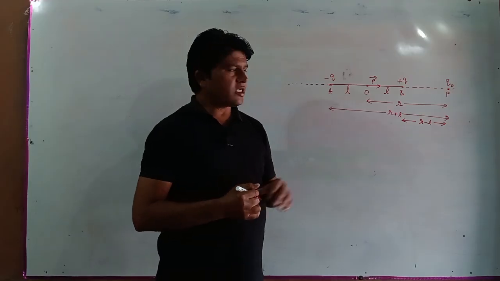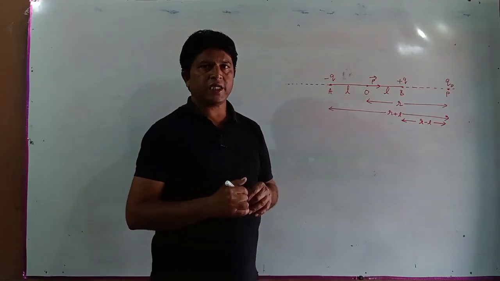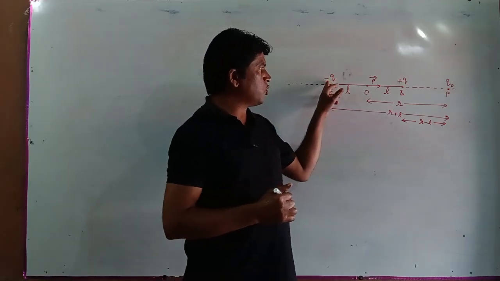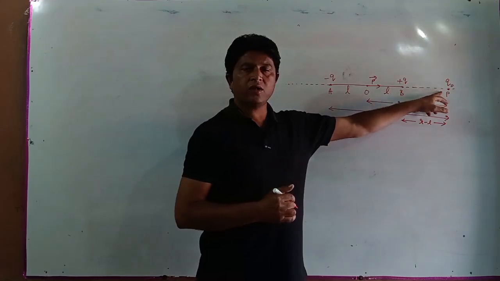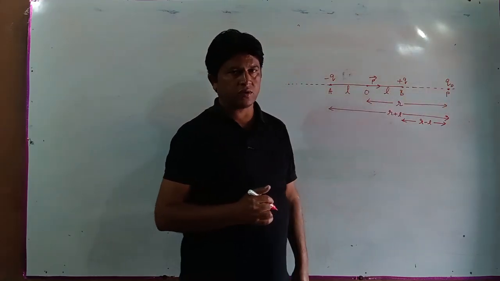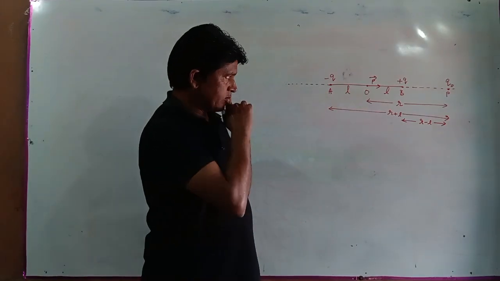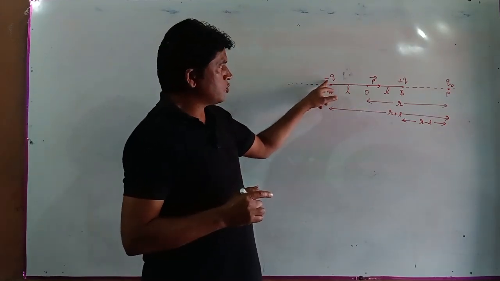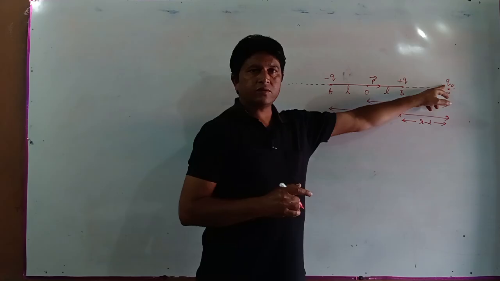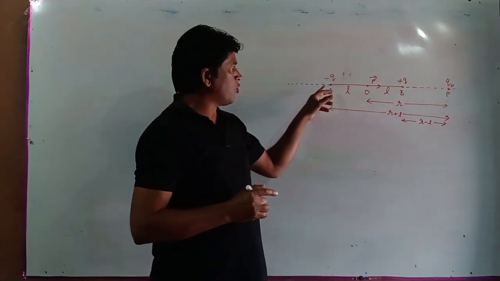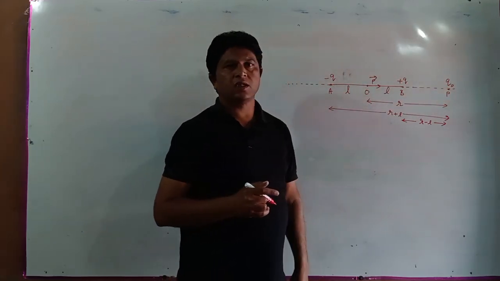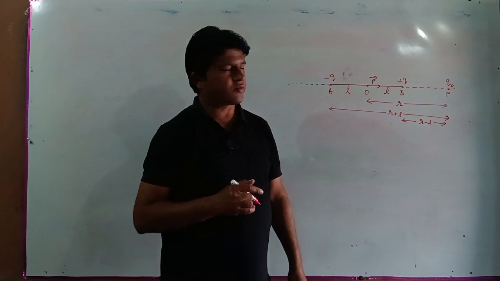Now, after determining the distances, we have to determine the intensities due to minus q and plus q at test charge q naught. First of all, we start from minus q. You know that the test charge is by default plus q. So, force will act between these two charges, attractive in nature.